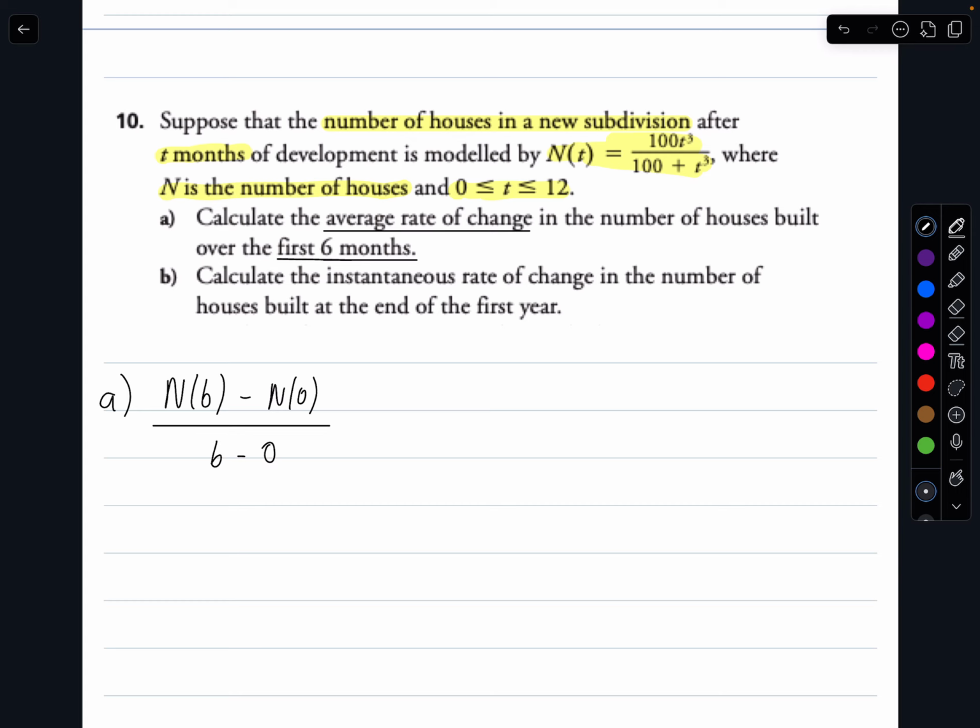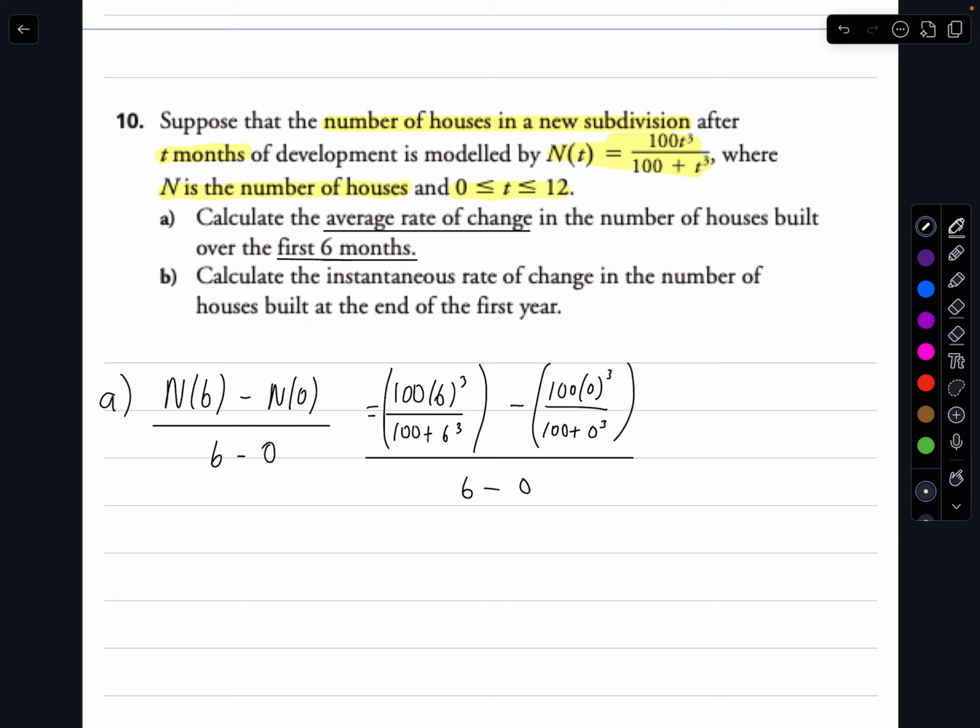So let's put that in our calculator. If we got n at 6, we're going to have 100 times 6 cubed over 100 plus 6 cubed. That's n at 6. Minus n at 0, which is 100 times 0 cubed over 100 plus 0 cubed, all over 6 minus 0.